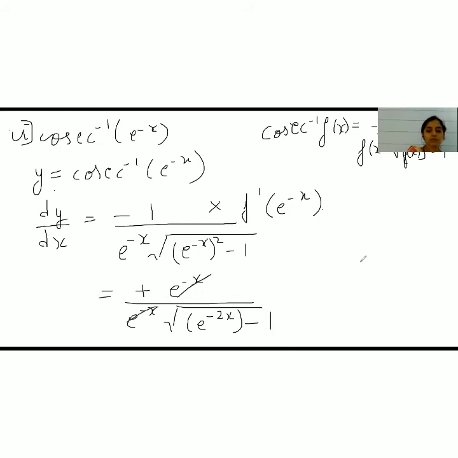E raised to minus x cancels, so we are left with 1 upon square root of e raised to minus 2x minus 1, right? That is our final answer. Clear? So this was the second one. Let us move to the next one. If it's simple, we'll skip it and go to the next sum. Let me check the sum.